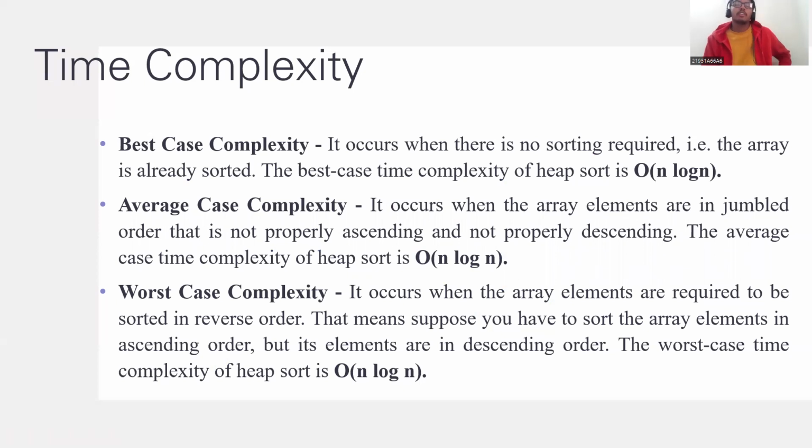Average case complexity occurs when the array elements are in jumbled order, that is, not properly ascending and not properly descending. The average case complexity of heap sort is O of n log n. The worst case complexity occurs when the array elements are required to be sorted in reverse order.